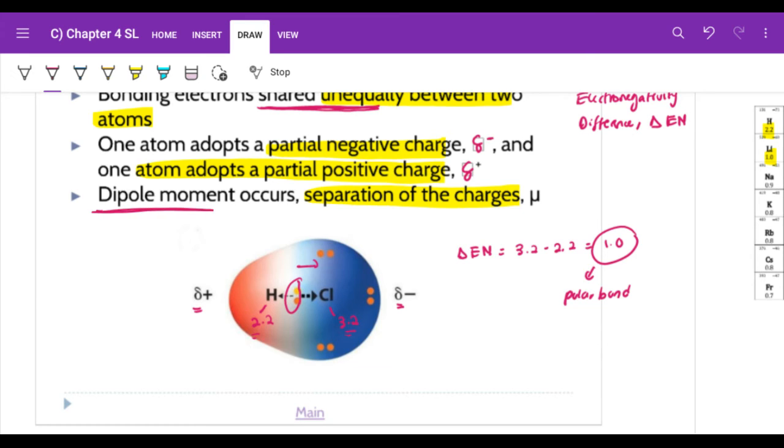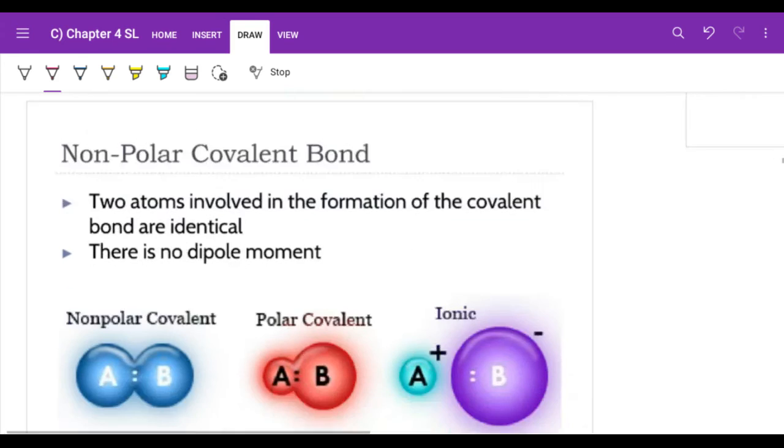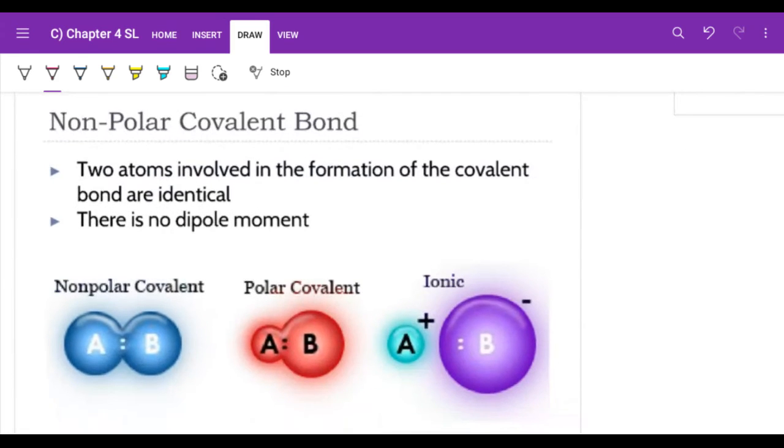What is dipole moment? Dipole moment is the attraction of electrons towards another atom. In this case, electrons are attracted more towards chlorine. So this is the dipole moment. This is how to draw the dipole moment symbol, a small arrow.